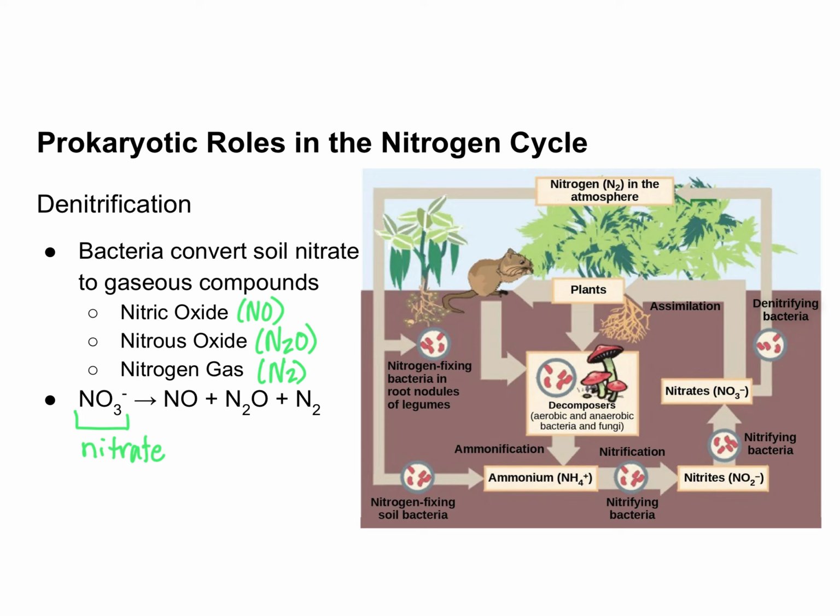And you can see that process happen over here with the denitrifying bacteria, where it can take these nitrates, and in this example, it's converting it back to that atmospheric nitrogen. So it's helping to maintain this homeostasis so that the nitrogen is either being converted into a way that plants can use, or it's being released back into the environment where it might need to be transported to somewhere else so that nitrogen can be made available for other organisms.